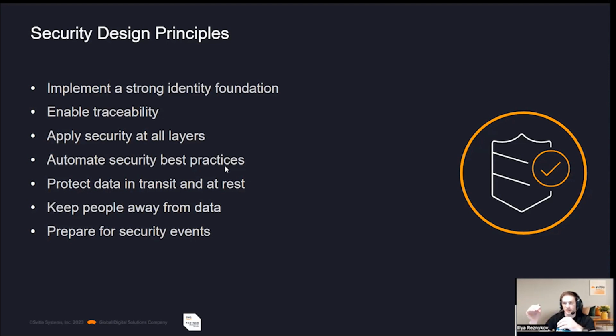You need to protect the database. You need to protect data in transit and at rest by using encryption, secrets, and keys.